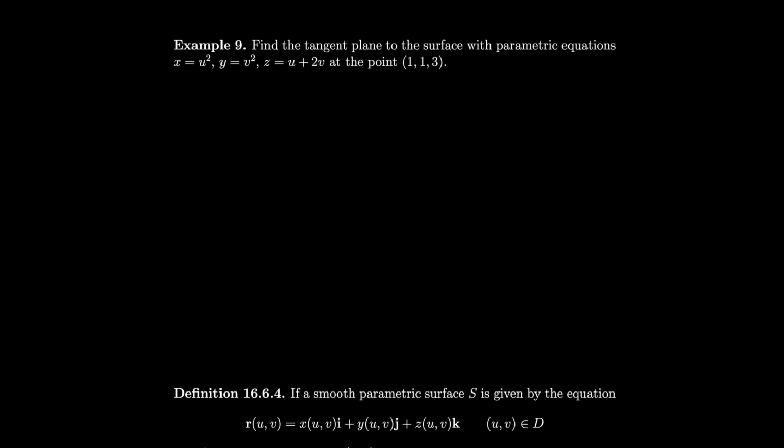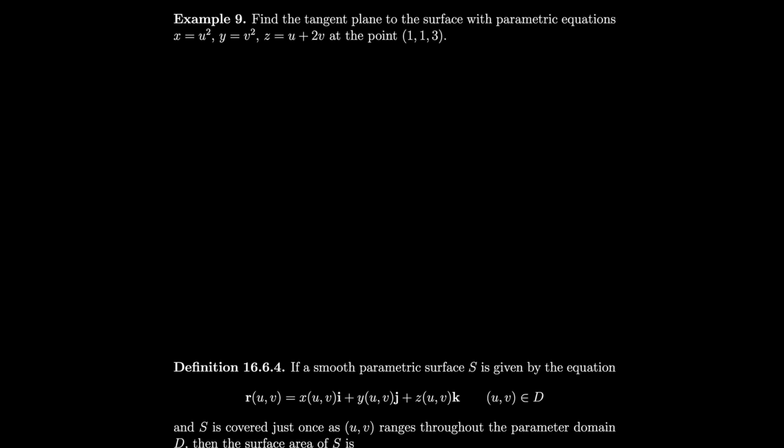We can now find the tangent plane by taking the cross product and using that normal vector and a point to build up our plane. So how about we find these vectors ru and rv? So ru will be the partial of x with respect to u times i plus the partial of y with respect to u for j, and the partial of z with respect to u for k.